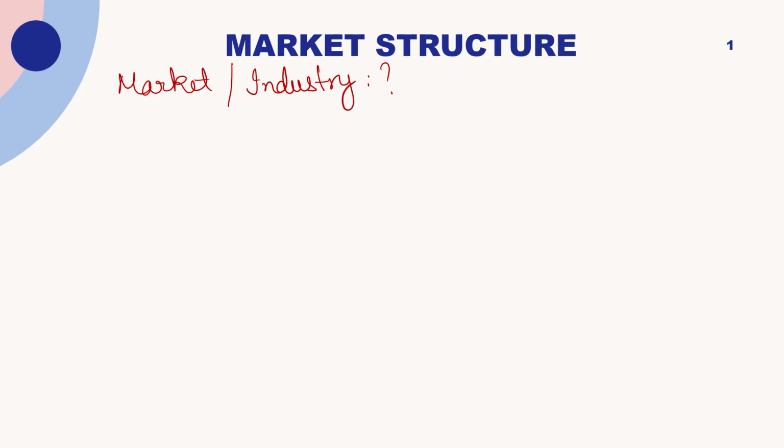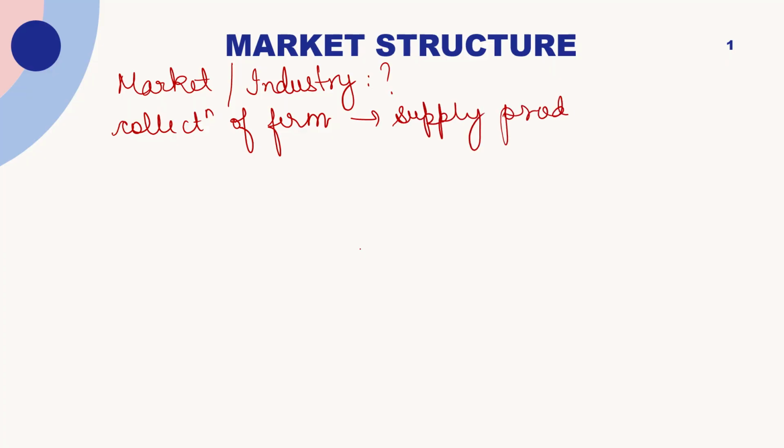Industry is basically a collection of firms which supply products that have some degree of substitutability to the same potential buyers.